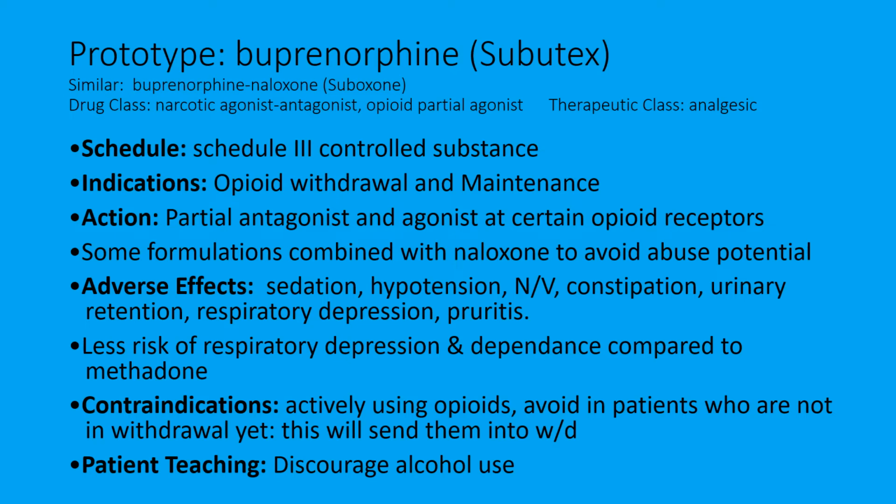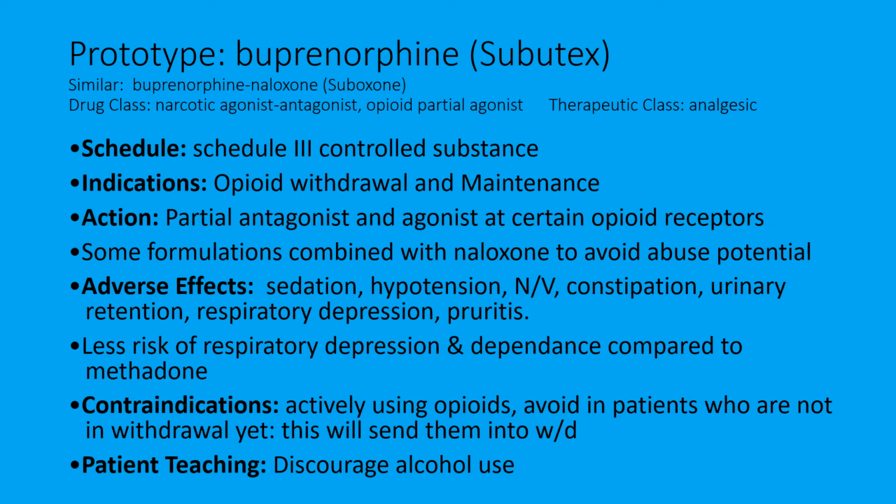So how is this medication used? Well, if someone comes in and they're already on a full agonistic opioid such as heroin or morphine, you can't just replace those with this one, because they're going to go into withdrawal immediately, because this only has partial agonistic effects.